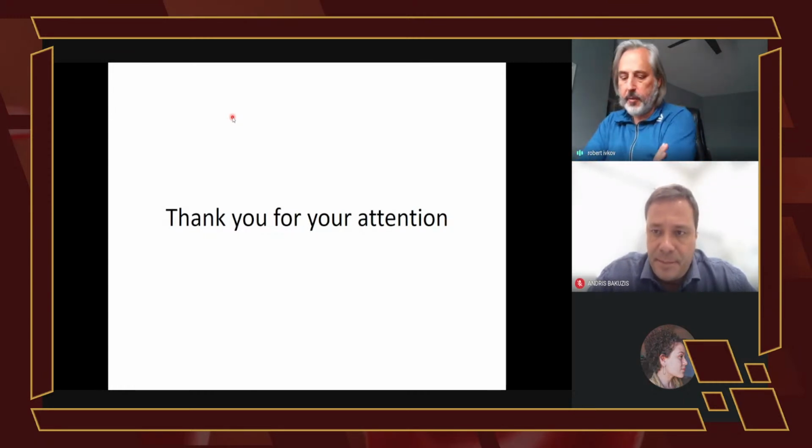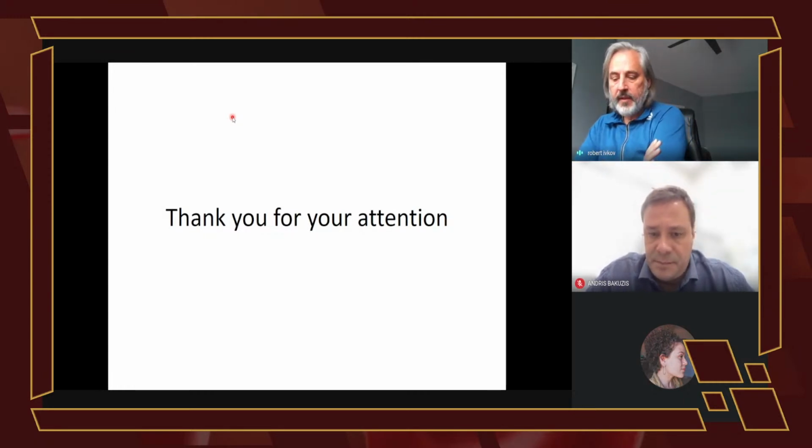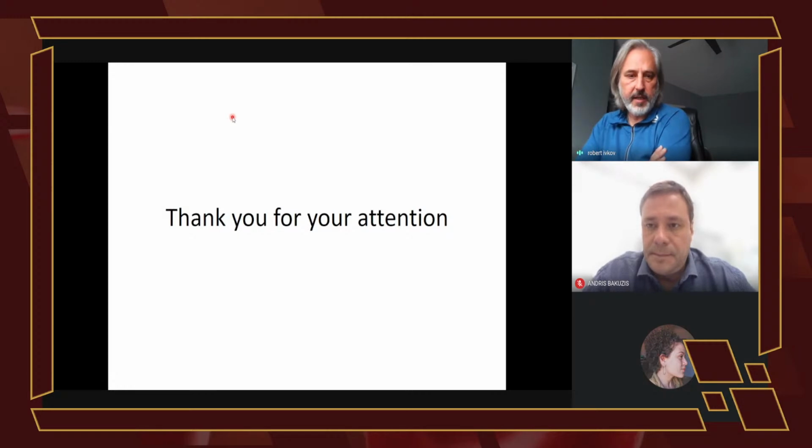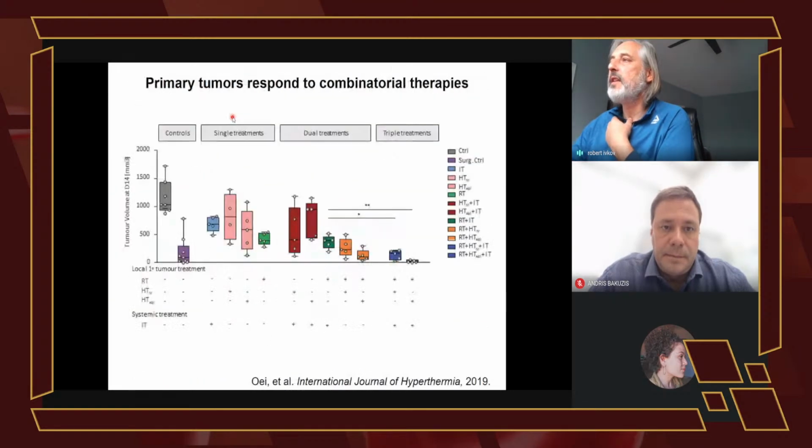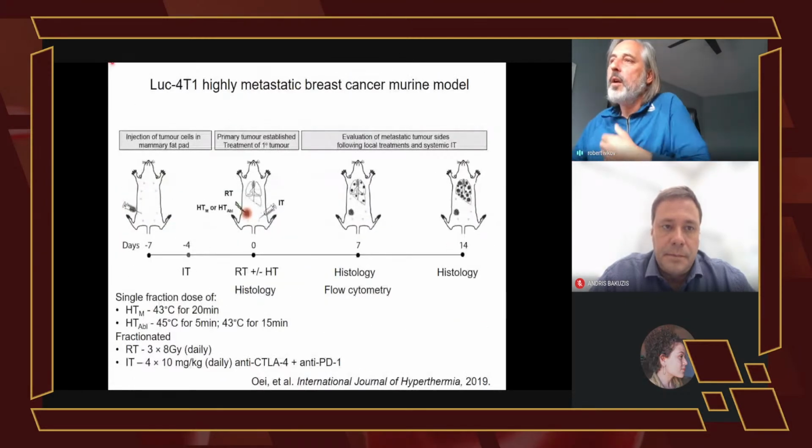Yes, that's a very good question. First of all, the surgical resection was at the same time relative to implanting tumors as were the magnetic hyperthermia and the radiation. So, if you bear with me, at day -7, the tumors were all implanted.